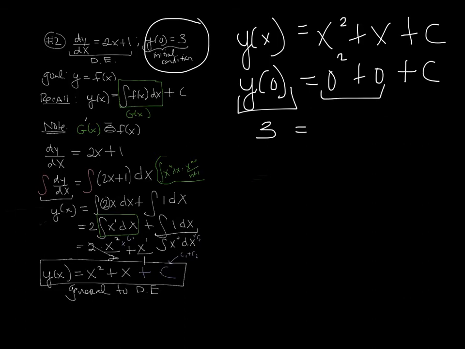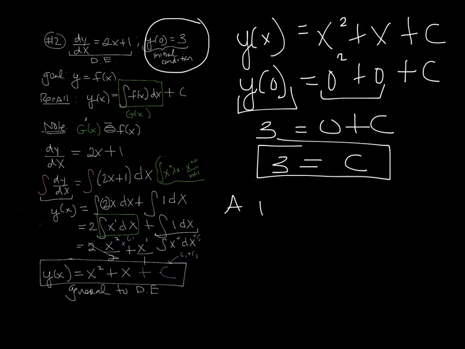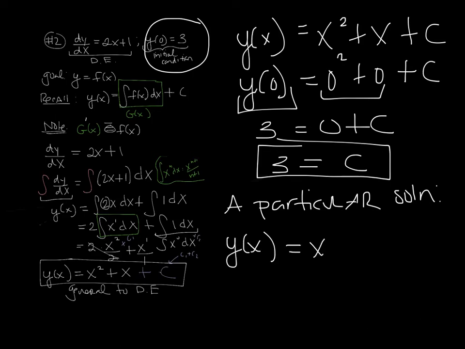All of this is 0, so we have c is equal to 3. So a particular or unique solution, again these are curves, is the following: y of x equals x squared plus x plus c, and in this case our c is 3.